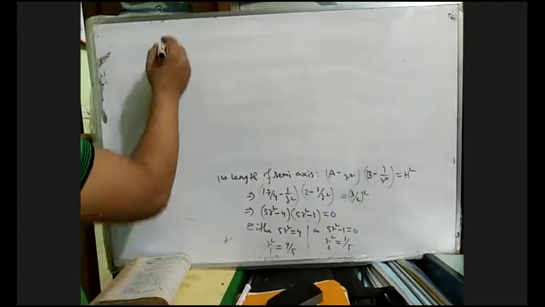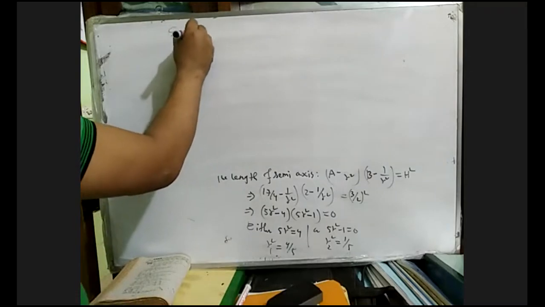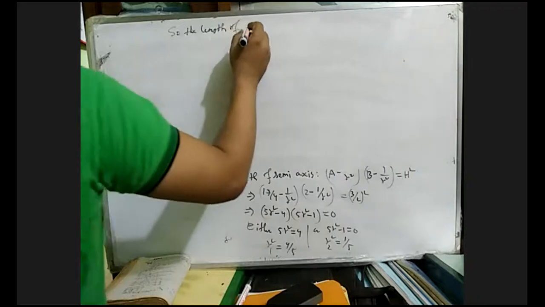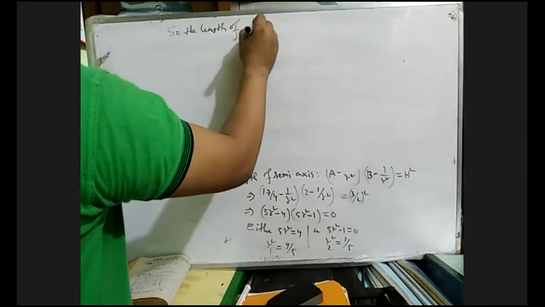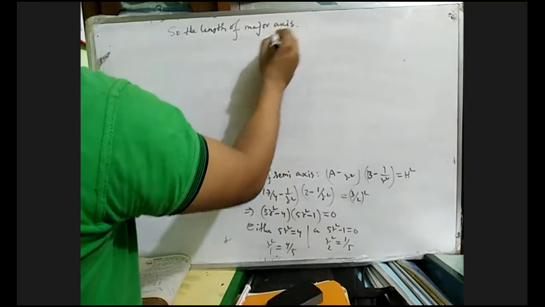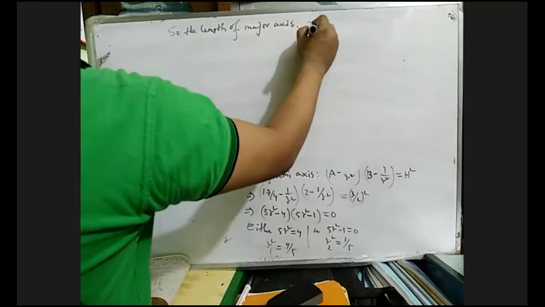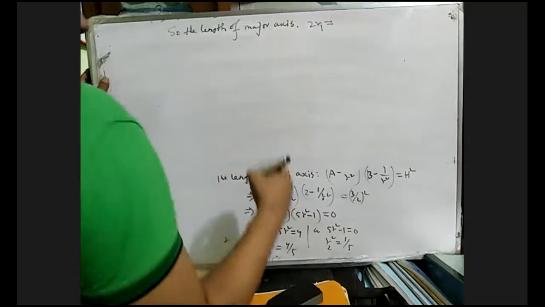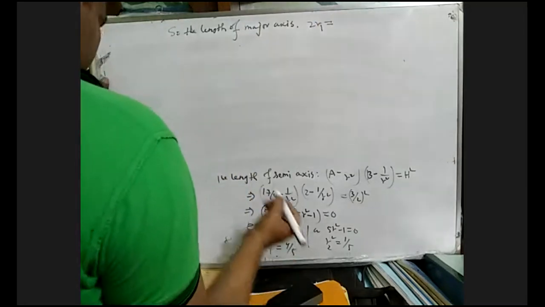So the length of the major axis equals 2 R1. R1 value is 2 by root over 5.